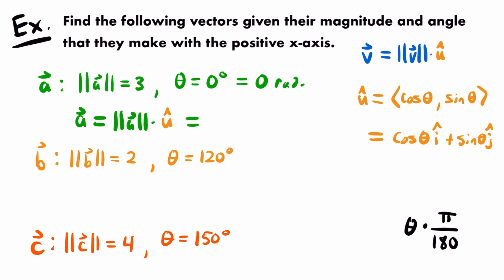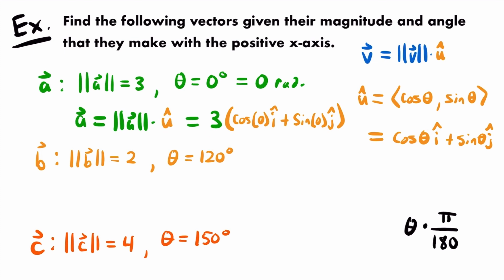We will have that magnitude of 3 times the unit vector, where we'll have cosine of 0 times i plus sine of 0 times j. We took that angle of 0 radians and plugged it into cosine and sine, and that makes up the unit vector, or the direction of vector A.